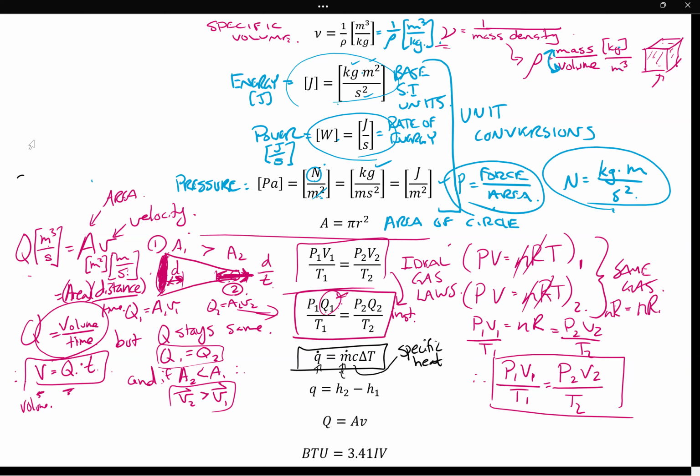It's basically how much energy is in that substance per kilogram per degree. Specific heat is a measure of energy over kilogram, degrees Celsius or degrees Kelvin, they're the same thing, over a certain change in temperature.